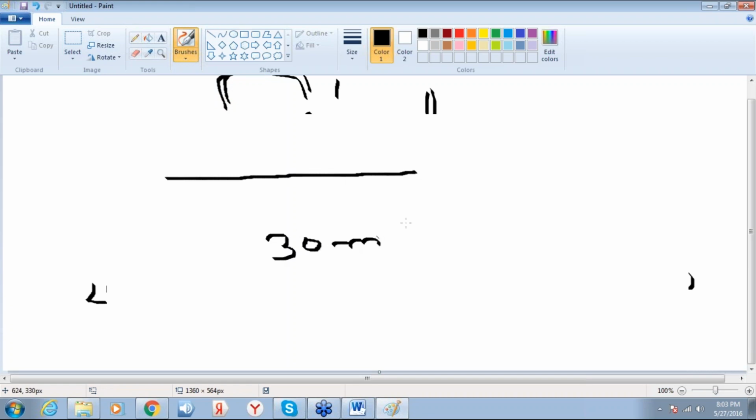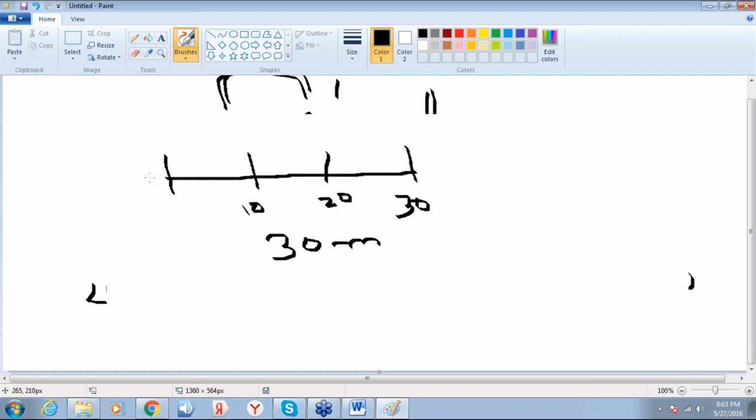You have to place lampposts at each end and at every 10 meters. So first lamppost should be placed here, and second after 10 meters, and third after 20 meters, and fourth will be at 30, right?